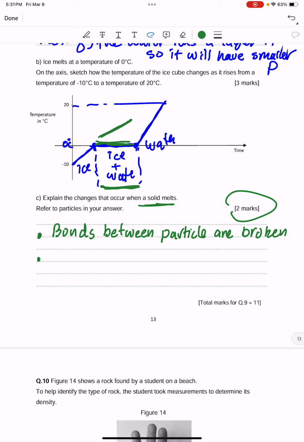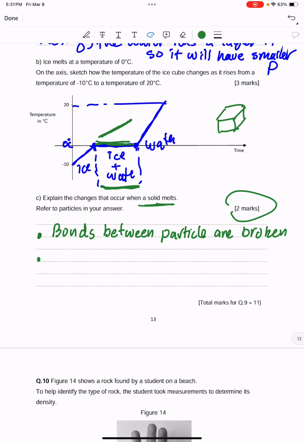Now the second thing: because of the breaking of the bonds between the particles, what's going to happen to these fixed positioned particles? In solids, the particles are arranged in a regular way, regularly packed together. Now it's not going to be the same because the bonds between them are weak.